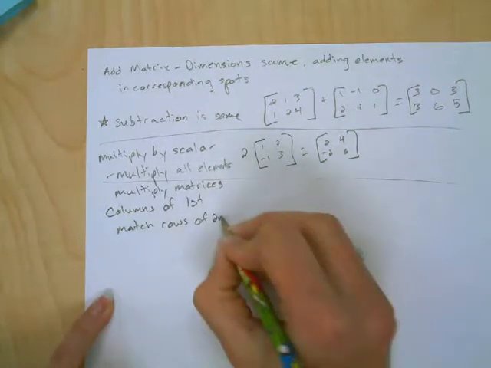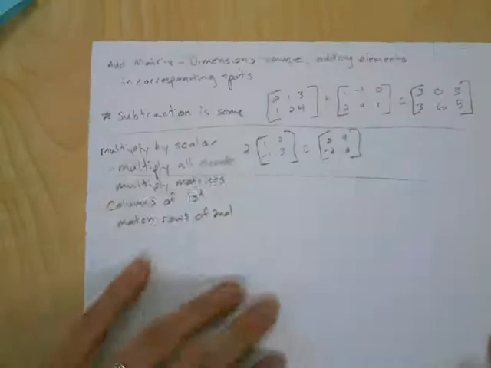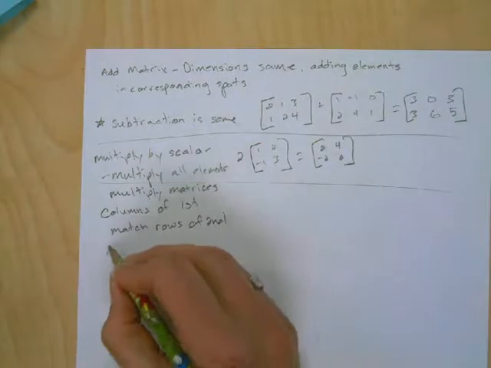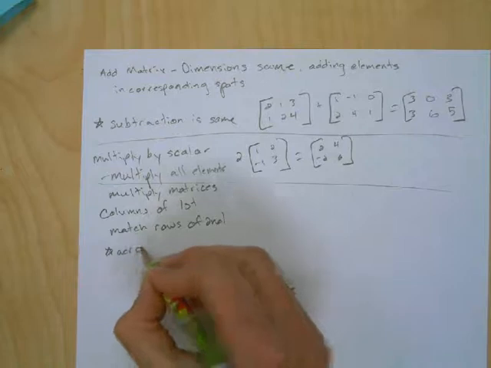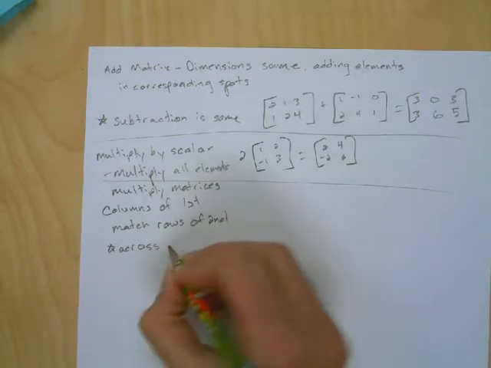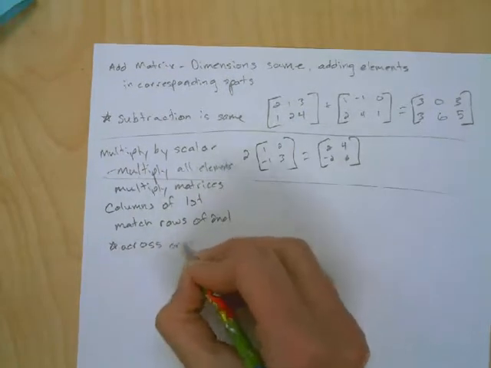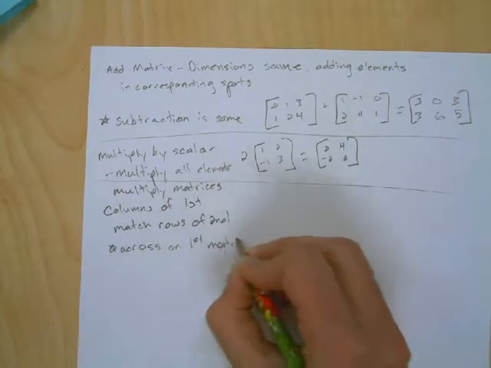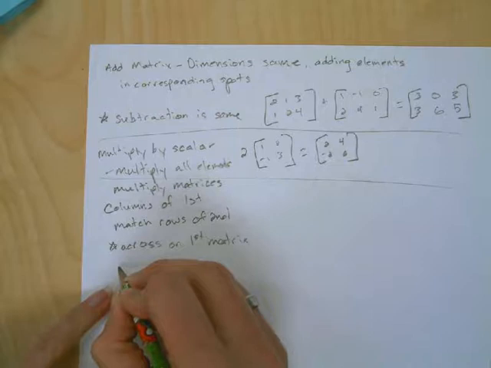That has to be true. So columns of the first have to match up with the rows of the second one in order to do multiplication. And then you're going across the row on the first matrix, and then down columns on the second while you multiply.